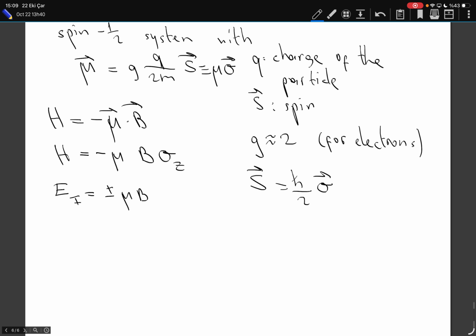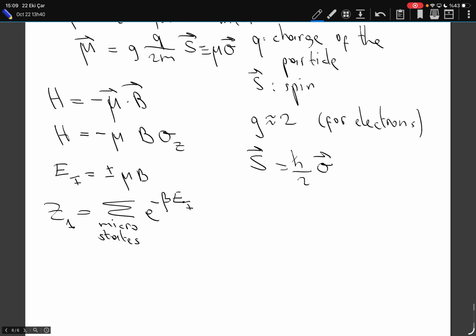Now my electron, the partition function for the single spin or single electron will be sum over the states, microstates, of e to power minus beta E plus or minus.